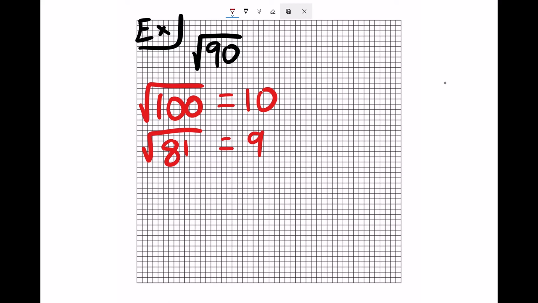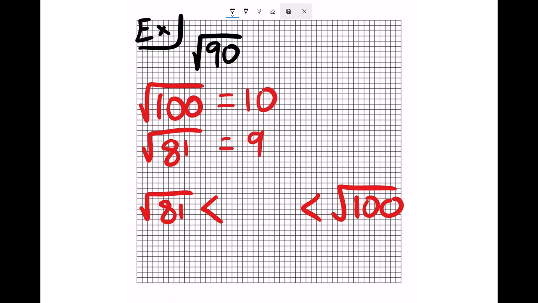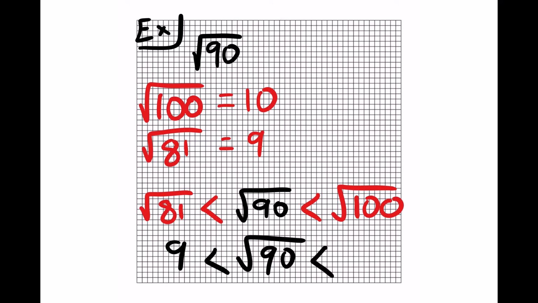You have square root of 81, which is less than 90, and square root of 100, which is greater than 90. Okay? And once again, if you are to evaluate, you are to simplify, we are able to determine the square root of 90 is somewhere in between 9 and 10. Again, we are not looking for an exact value, we are simply estimating.